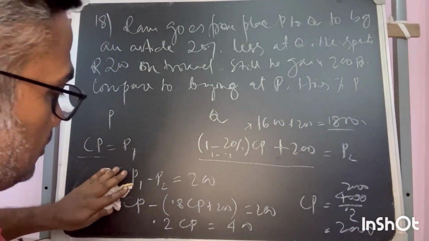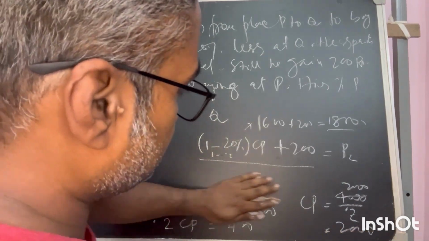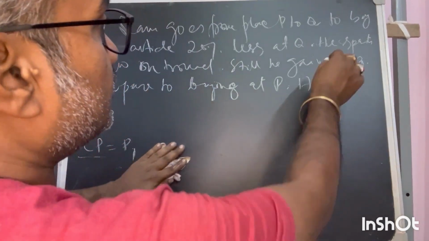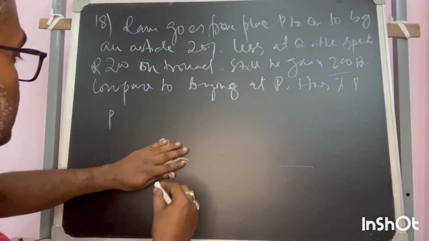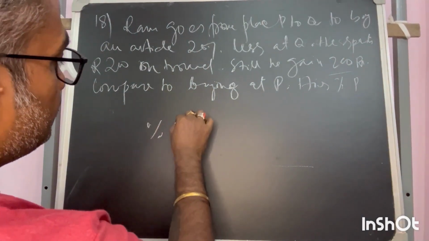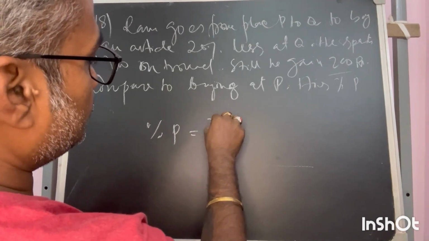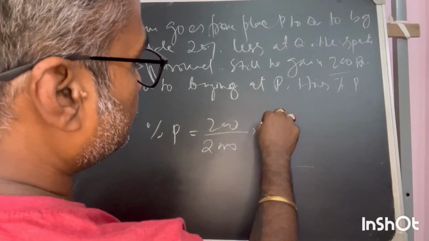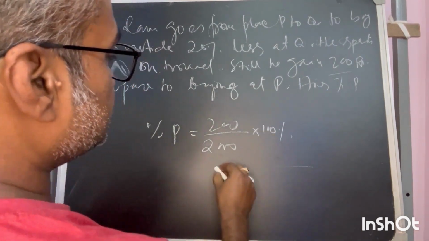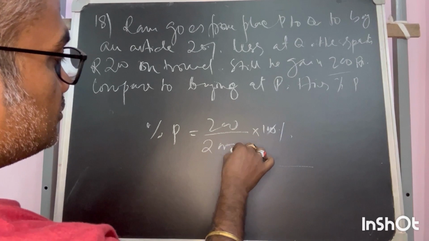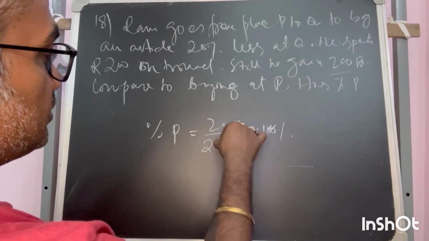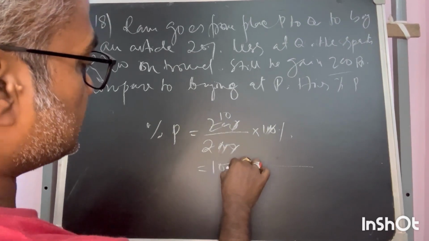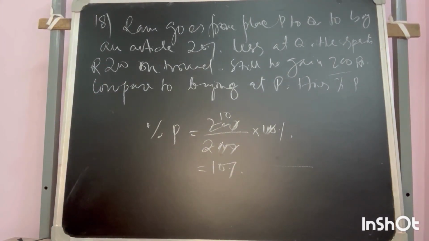Once you have the cost price, what is the profit? The profit is 200, as already said, the overall profit. So his percentage profit will be 200 over the price of the article, into 100 percent. So both 0s cancel, this 1 0 cancels, 2 over 10, and he is getting a 10% profit.